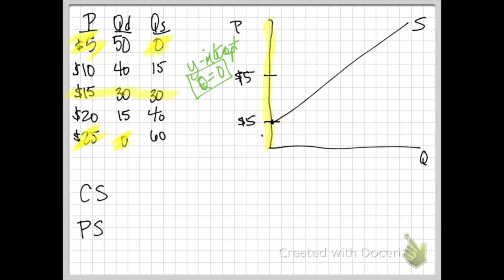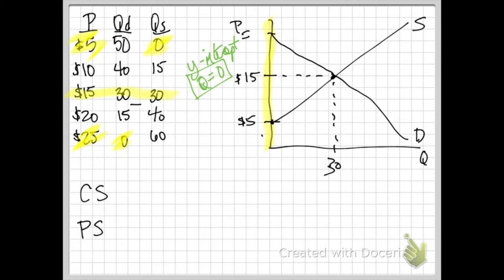So the price of 15, that was an awful 15, apologies, and that is a quantity of 30. Sorry, I'm not the best at drawing straight on this. The price of 25, again, is where my quantity demanded is 0.